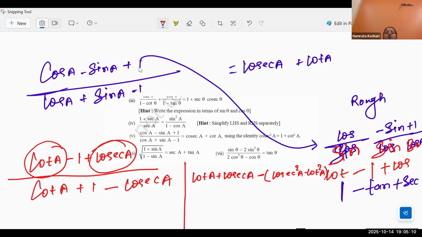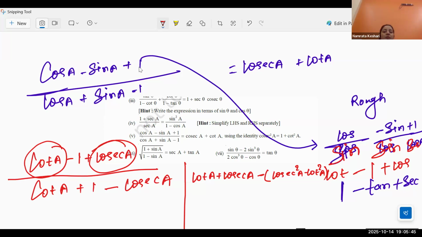Not only in this particular question, in this exercise very often, with 1 minus sine square a, or maybe 1 minus cos square a, this type of term, you will be using the identity a plus b in one bracket, a minus b in another bracket, or maybe x plus y in one bracket, x minus y in another bracket. We are not doing it specifically for this question. Very often you will be doing these steps.